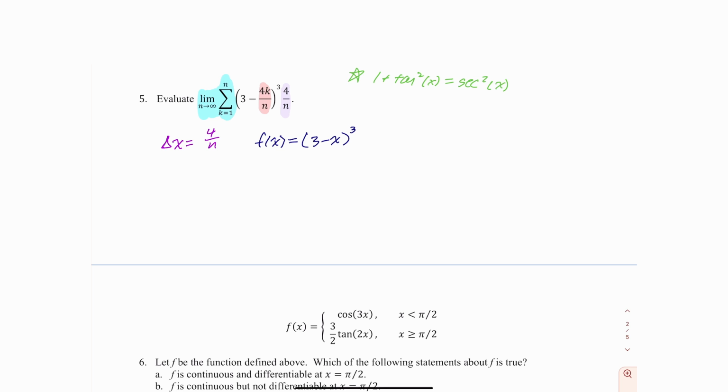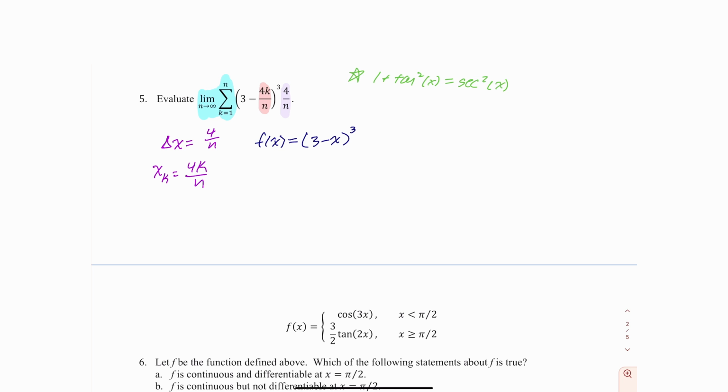The problem is that, the way it's written, 3 minus 4k over n, delta x would be negative 4 over n, and I don't want to deal with that. So I'm thinking that f of x is 3 minus x cubed, and that means x sub k is just 4k over n.